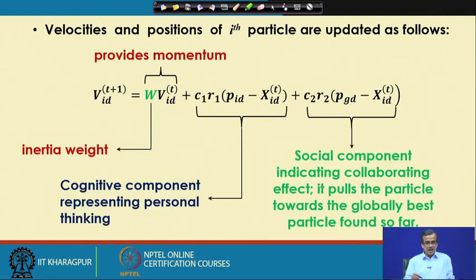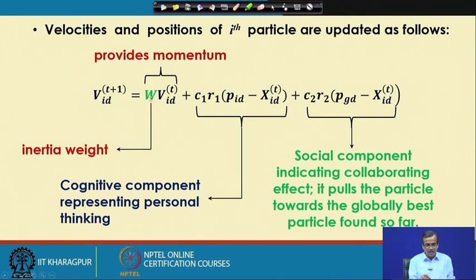Now, this is the updating rule for the velocity. This corresponds to the ith particle and its dth dimension. So, v id represents the velocity of the ith particle corresponding to the dth dimension at the (t plus 1)th iteration.